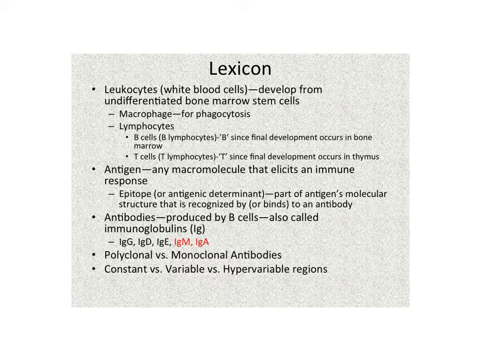Then we have the lymphocytes, the B cells, they are derived from the bone marrow versus the T cells, which come from the thymus. Okay. The antigen is anything that elicits the immune response. And the part of the antigen that actually causes that, it's called the epitope.